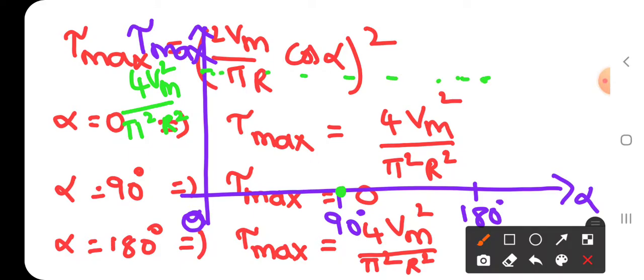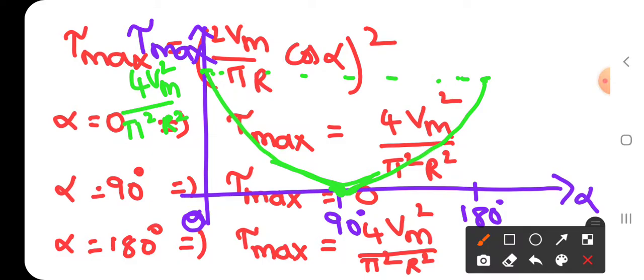So the characteristic will be like this.